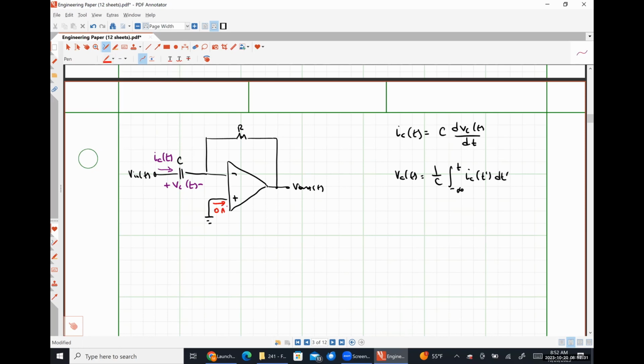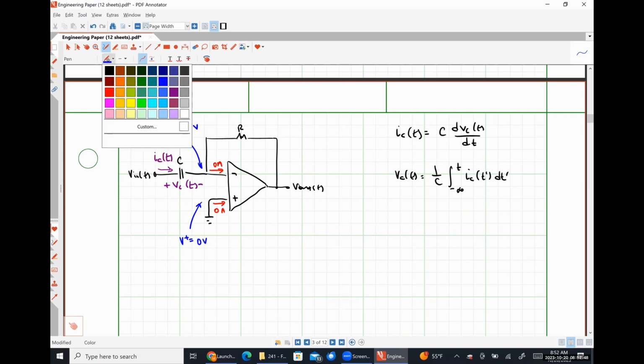Now I'm going to do my analysis. So we know that this current is 0 amps. This current is 0 amps. The voltage present at the non-inverting input terminal is 0 volts, which means the voltage present at the inverting input terminal is also 0 volts.